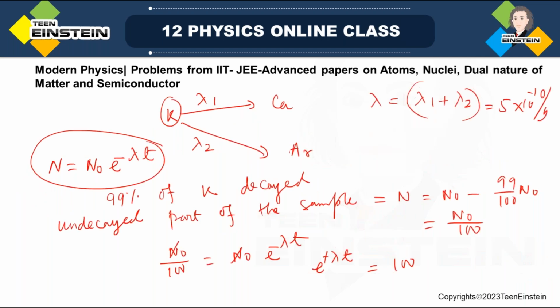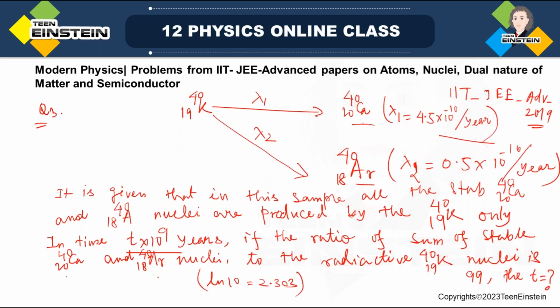Okay, there were options given. I think I have skipped the options, or I have forgotten. No, you have to find out the time t. What is the value of t?